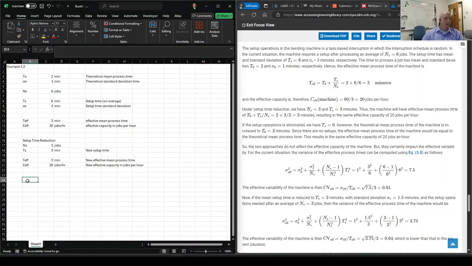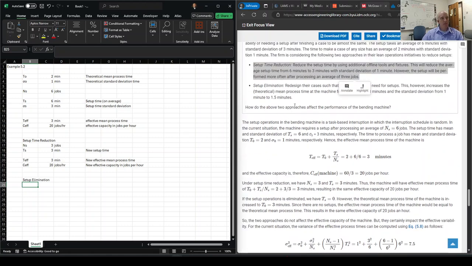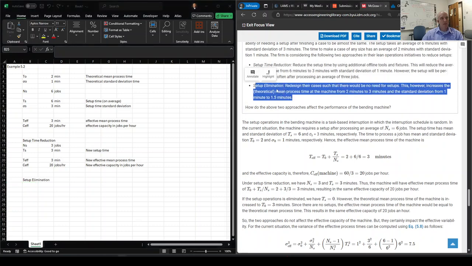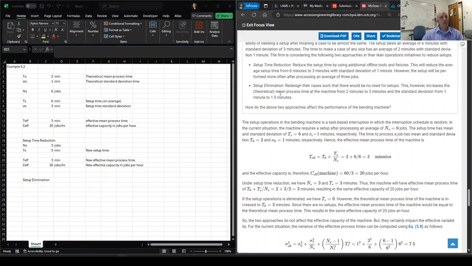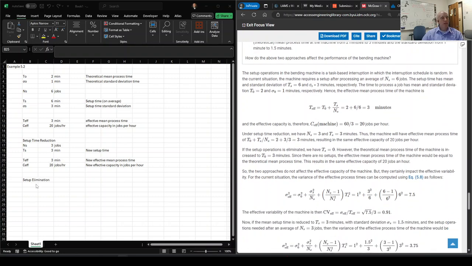Okay, so let's walk through this one. This is the setup elimination option. What this is saying is, if there's no setups, then TS is equal to 0 minutes. There's no setup, which makes sense.